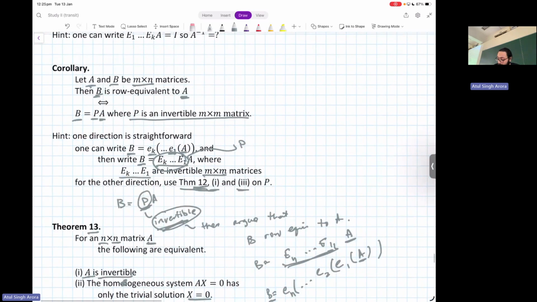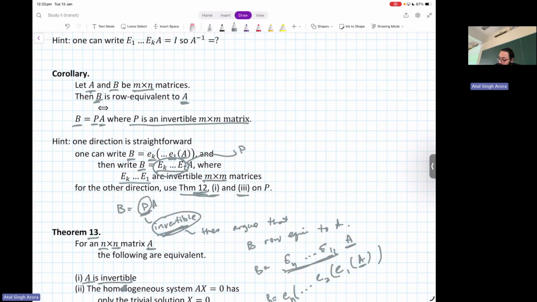Yeah. So here we are given that B equals P times A, and we are given that P is an invertible matrix, correct? Just from the statement itself. And if you remember, theorem 12 was basically saying that being invertible is equivalent to saying that the matrix is a product of elementary matrices.